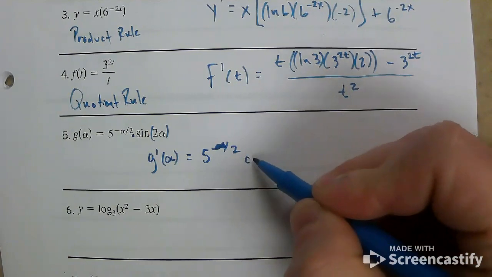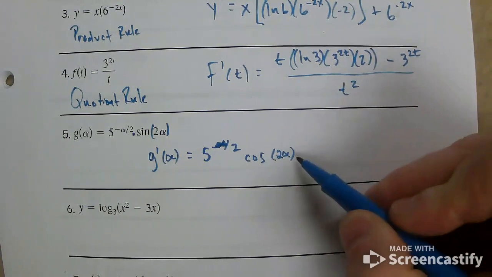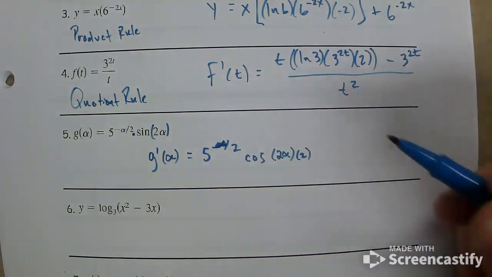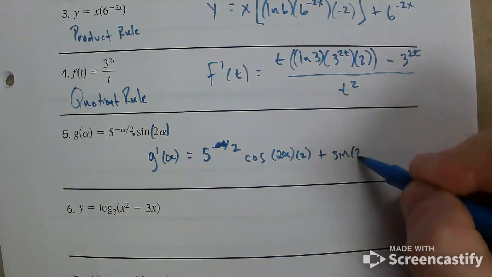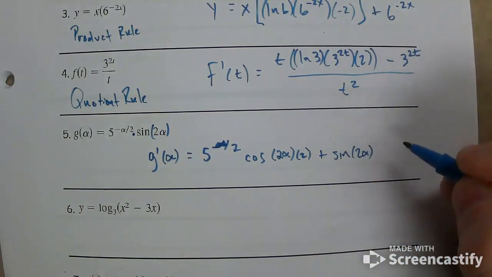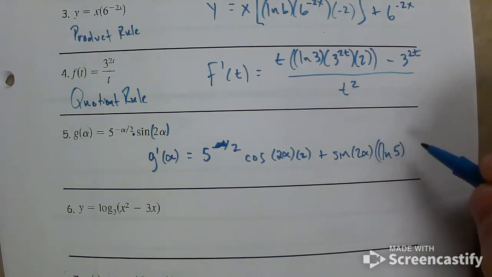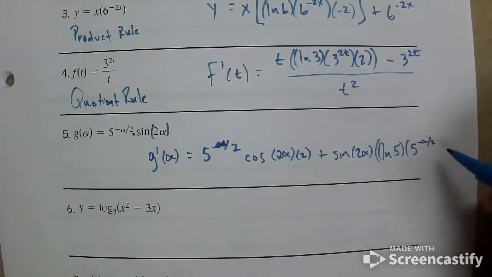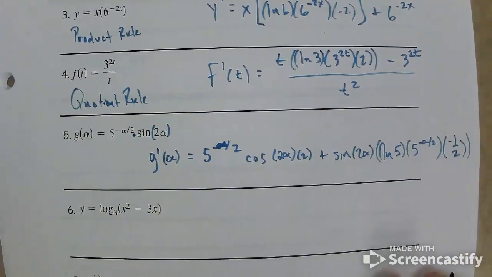So there's going to be derivative of the outside, leave the inside alone, and then times derivative of the inside. So first times derivative of second plus second times derivative of the first, and that's just going to be your natural log of 5, which is the natural log of the base, times the original, and then times derivative of the exponent, which is just negative 1/2. However you want to rearrange that is up to you.